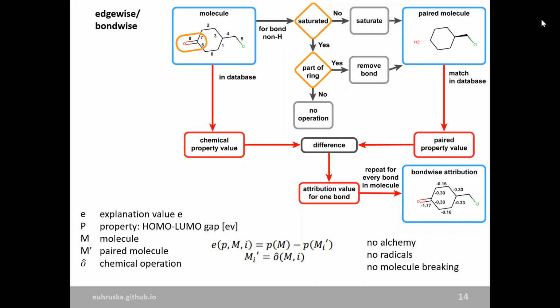And we can repeat that for every single bond, and that's shown in the bottom right in the schematic. Note again, not every bond will give you a value, because in some cases there's no chemically valid match.